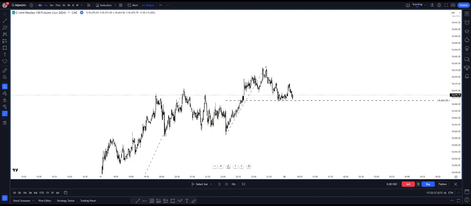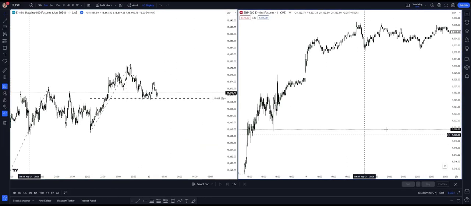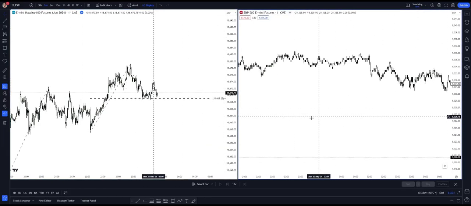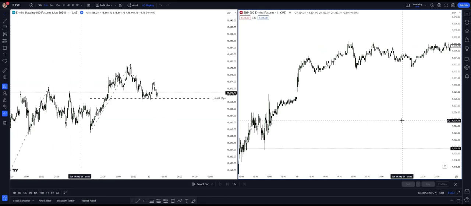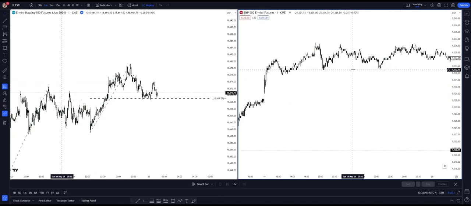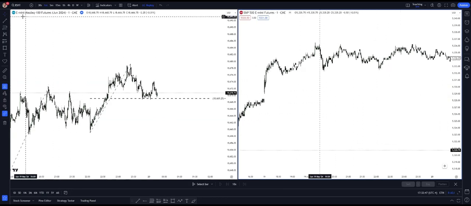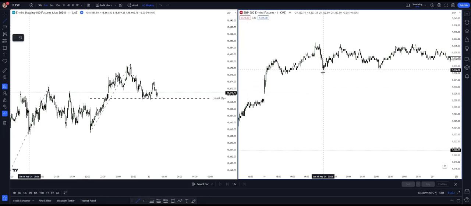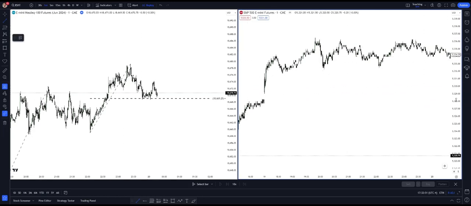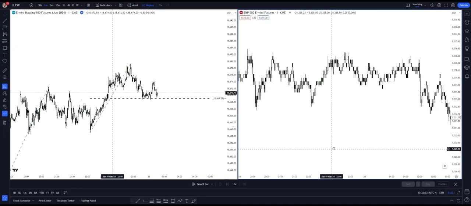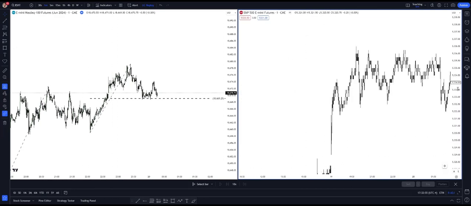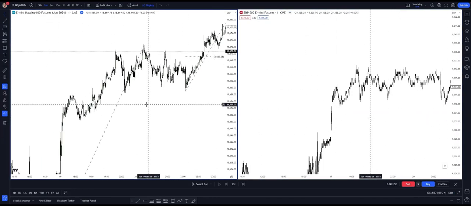So let me check SMT divergence. Here are these lows. Yep, I think it's there. Is it there or not?